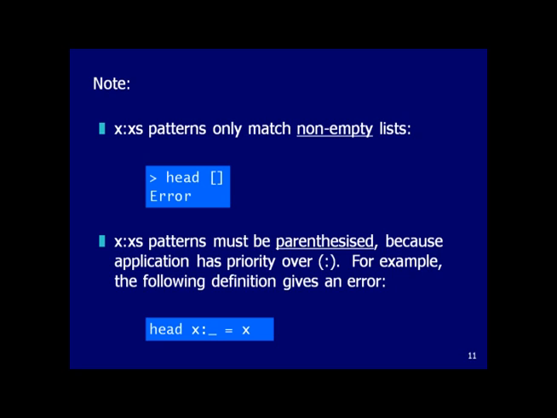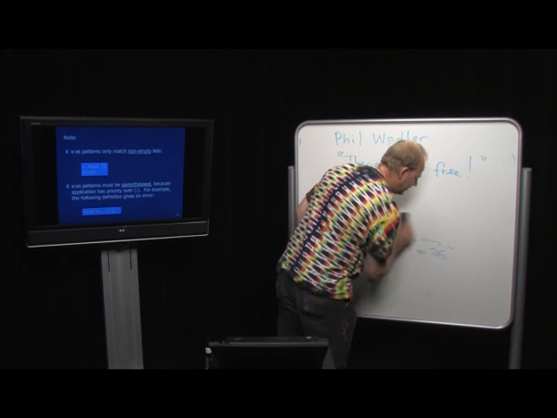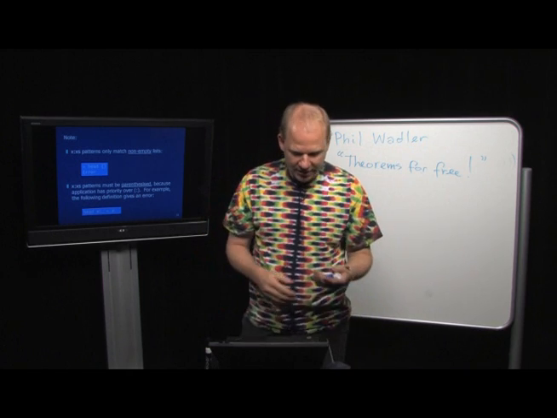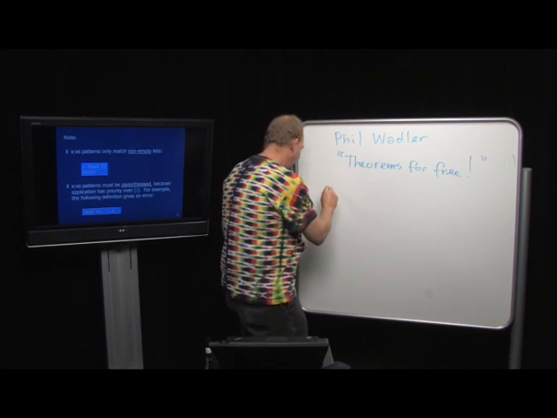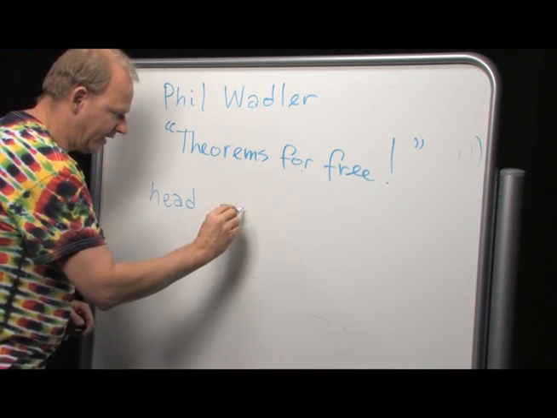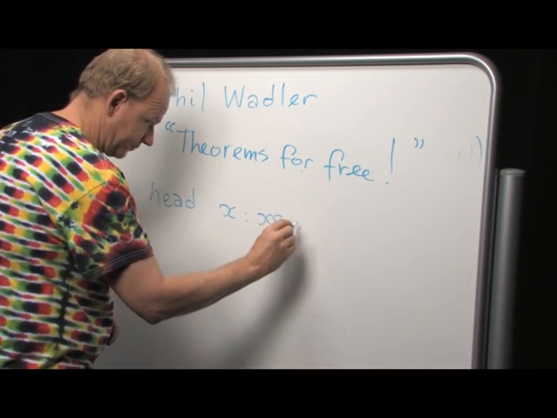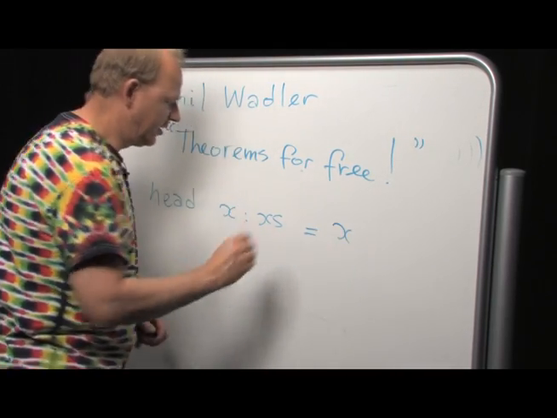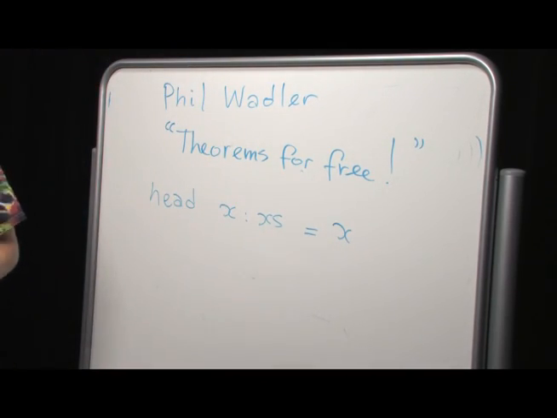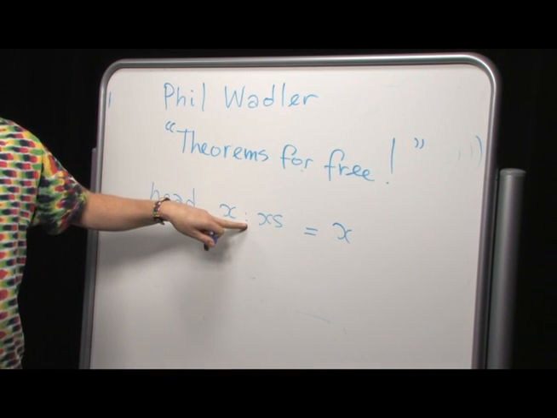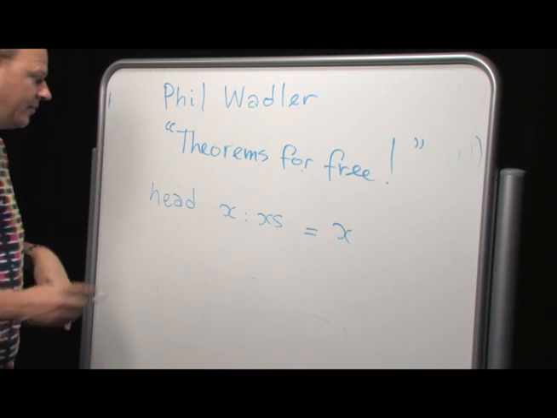The other little nitpicky thing, and I'll leave this great paper here for a little bit: you have to put parens around the pattern. So if you write head of x colon xs equals, let's see what he has here, x, this gives you a syntax error because application binds stronger than cons.